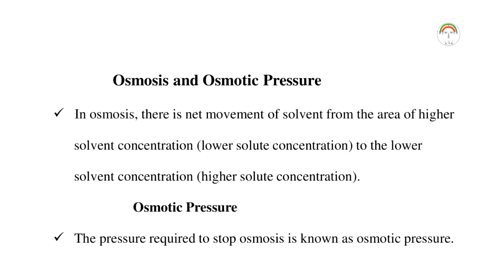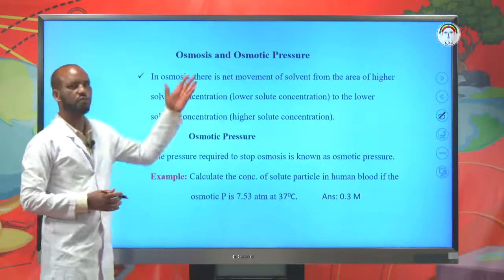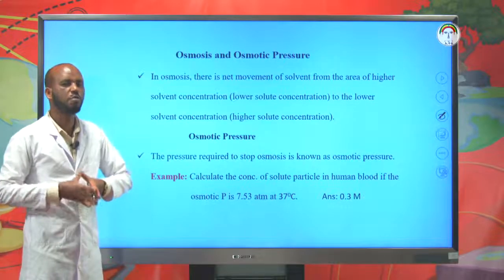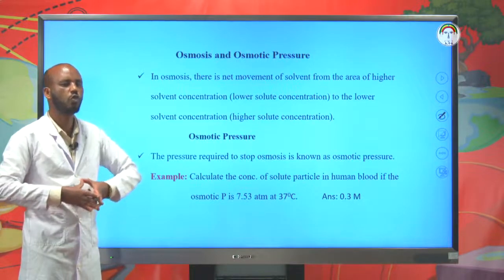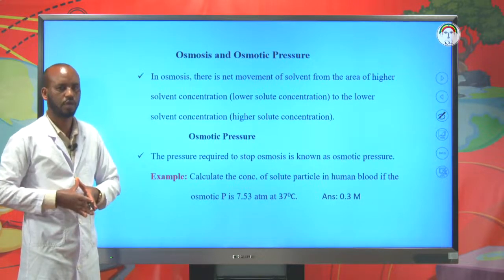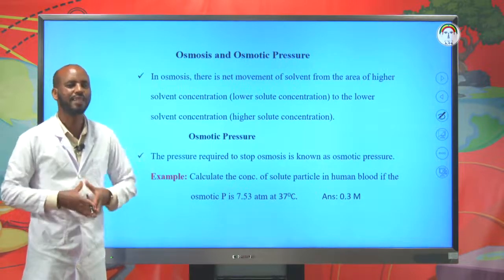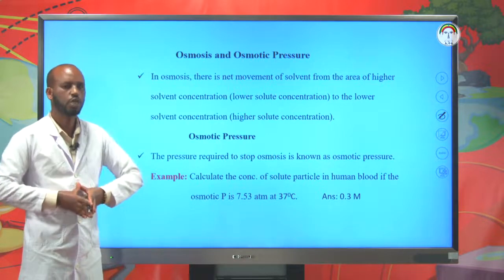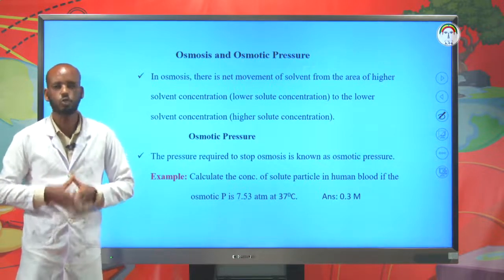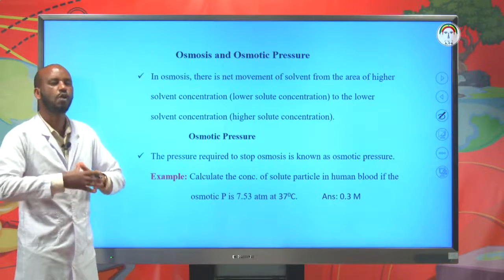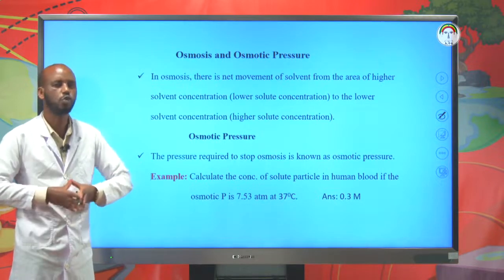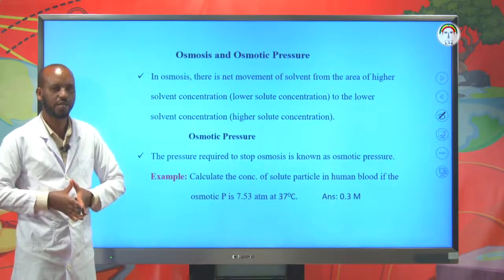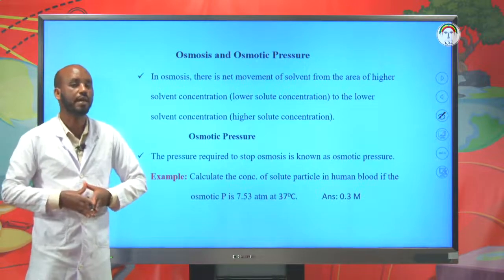Osmosis and osmotic pressure. Osmosis is defined as the movement of solvent molecules from a less concentrated solution into a more concentrated solution, or from water side into solution side through a semi-permeable membrane.